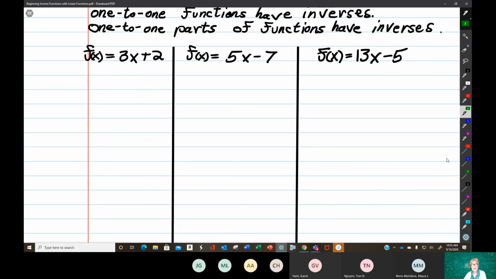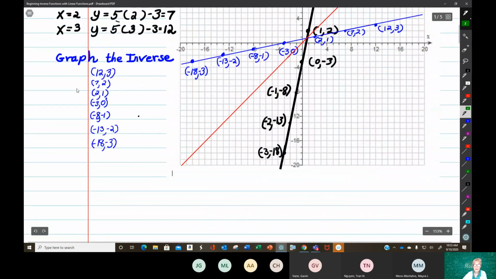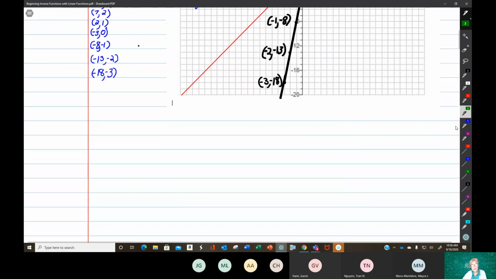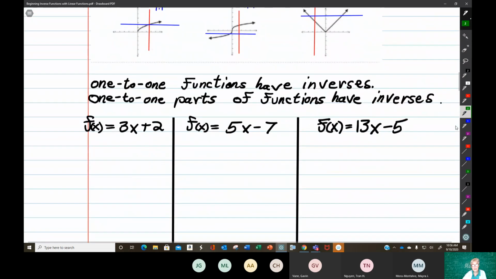Now, that's all well and good, but it's really time consuming to look at a function, find a whole bunch of points, reverse the points, and graph those. There must be a way to find a formula for the inverse, and that's what we're going to do now. We're going to do it 3 times. Here we're just doing it for linear equations, highest power 1.